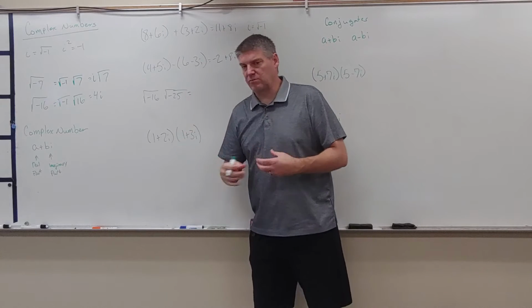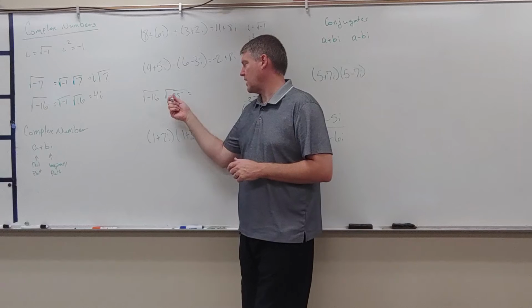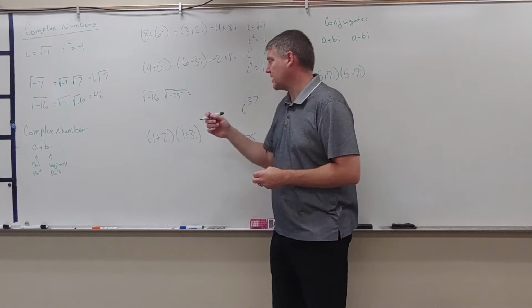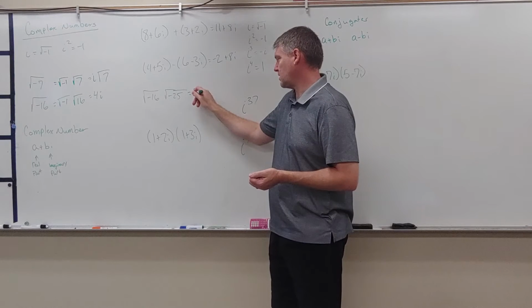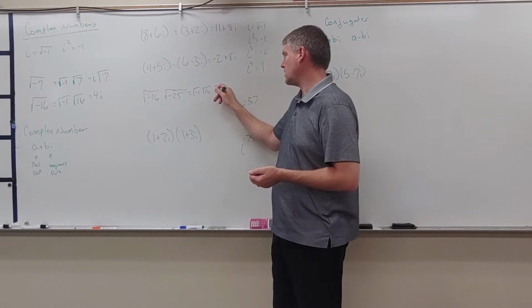Now this one's a little bit different because a lot of times we look at this and go, oh, hey, what if when I multiply these together, I'm going to get rid of that negative. But actually, you have to pull out that negative piece here.